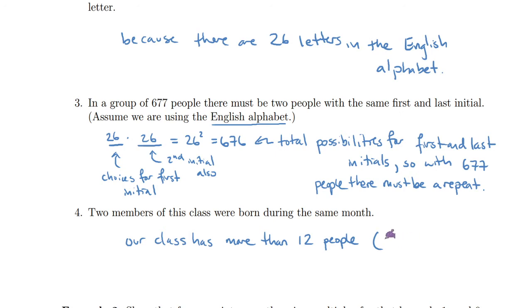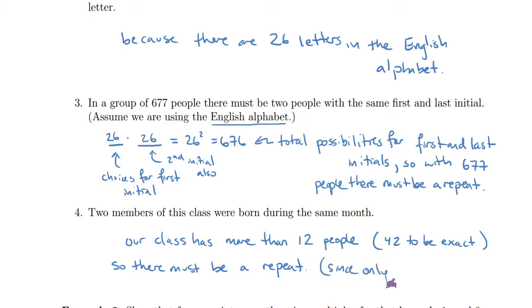I think there are actually 42 to be exact, and that's including both sections. So there must be a repeat, okay? Since there are only 12 possible months for you guys to be born in.